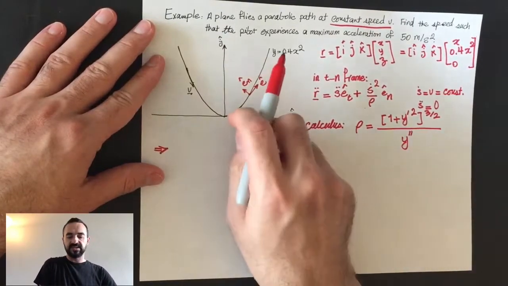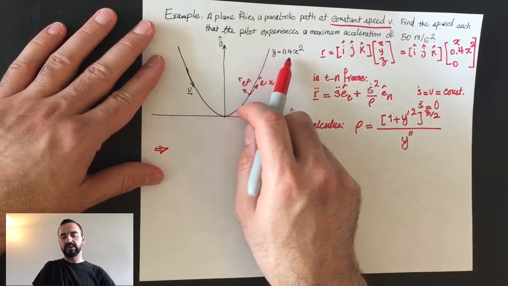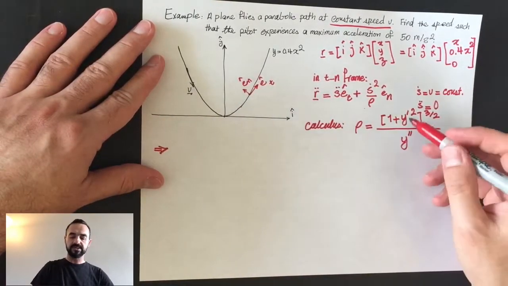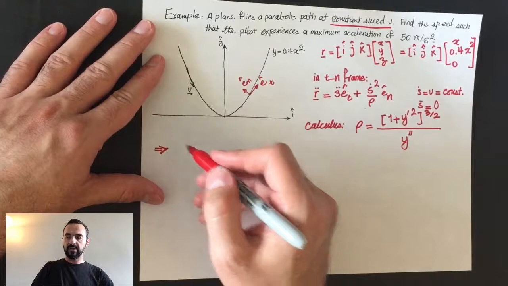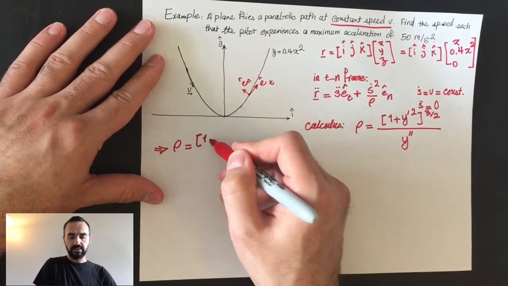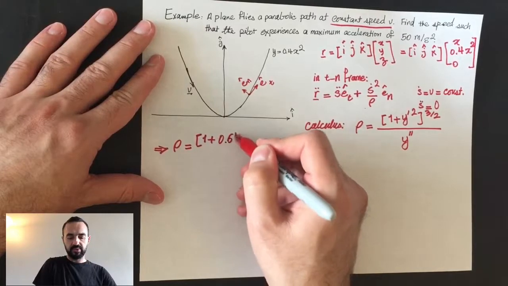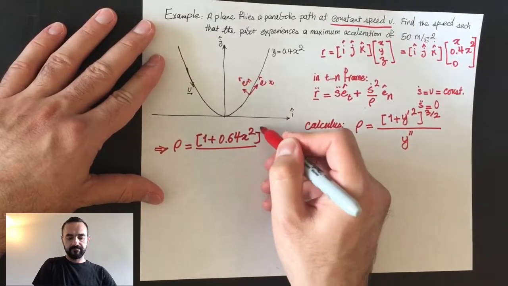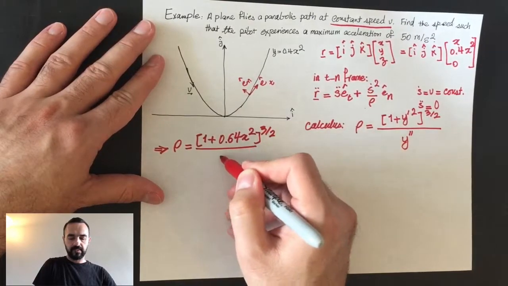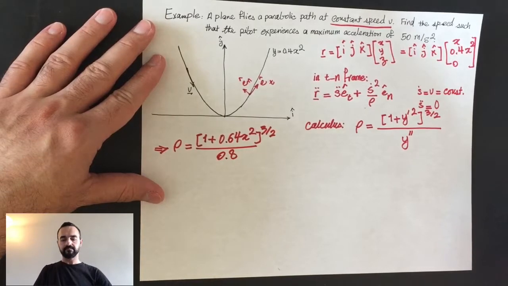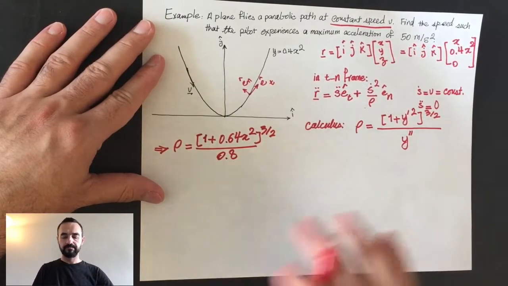Therefore, in this case, because we know y is equal to 0.4 x squared, we have y prime and y double prime. So rho is equal to 1 plus 0.64 x squared, to the 3 over 2, divided by 0.8. Right?